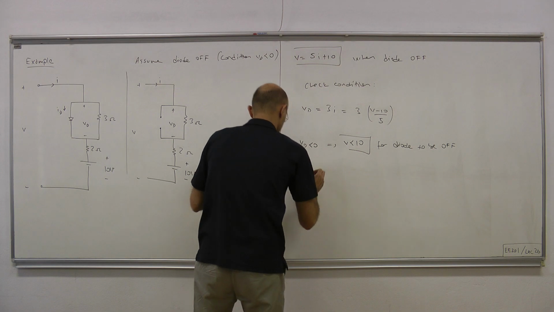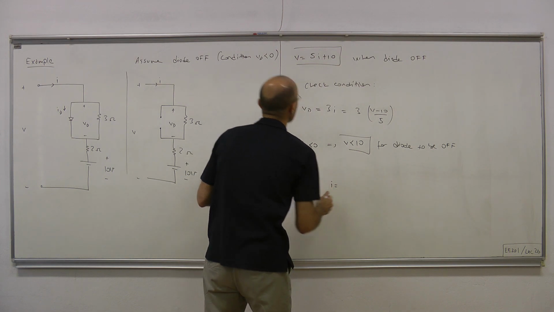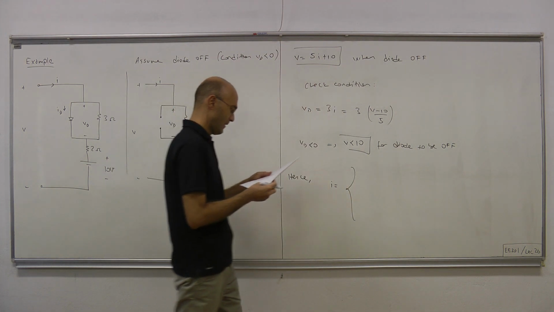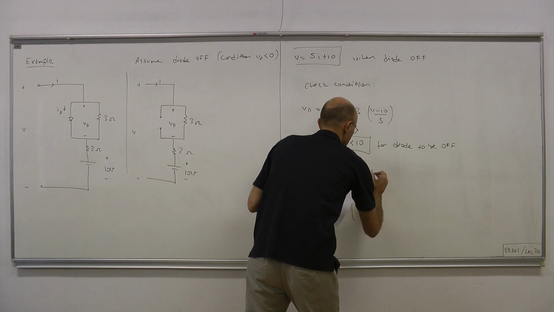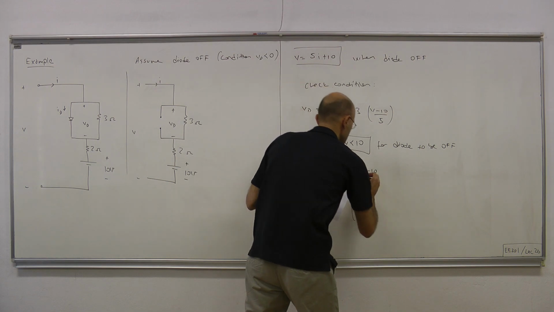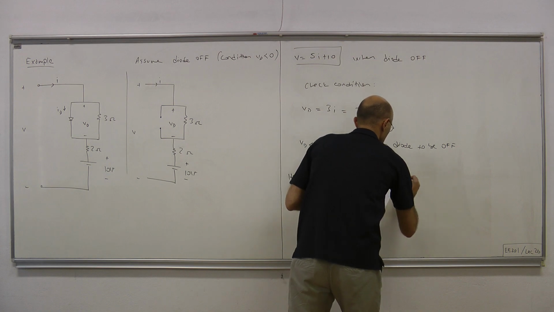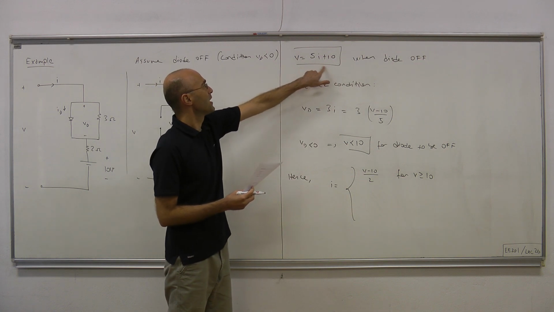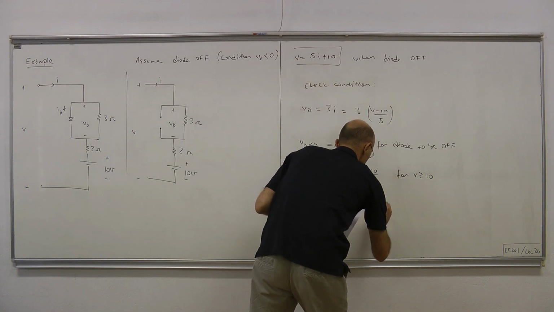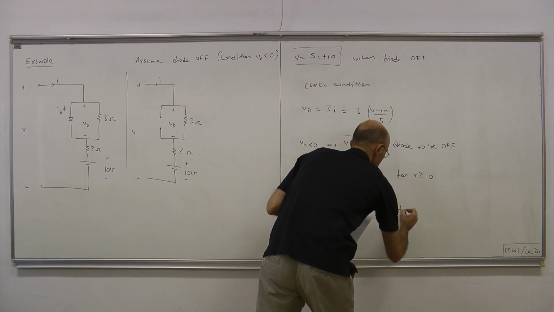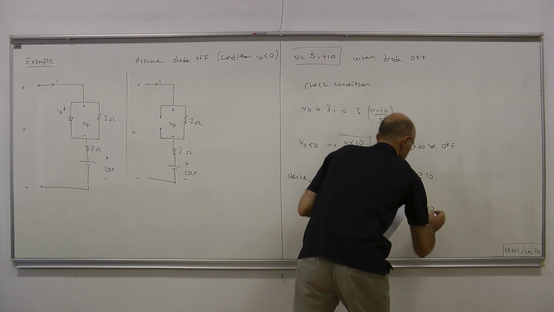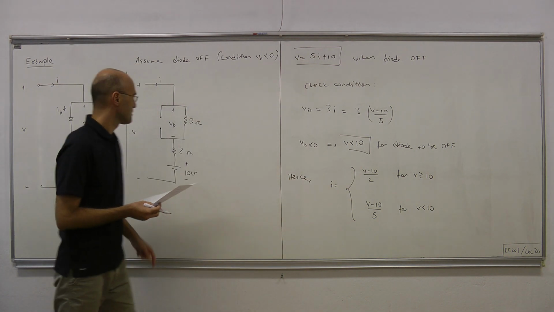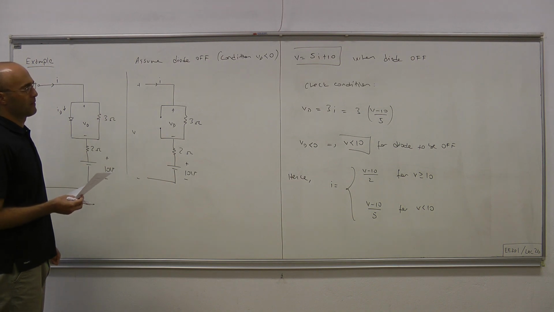Hence, the current equals V minus 10 over 2 for V greater than or equal to 10. Okay. And the current equals V minus 10 over 5 elsewhere, for V less than 10 volts. So that's the IV characteristic of this one port.